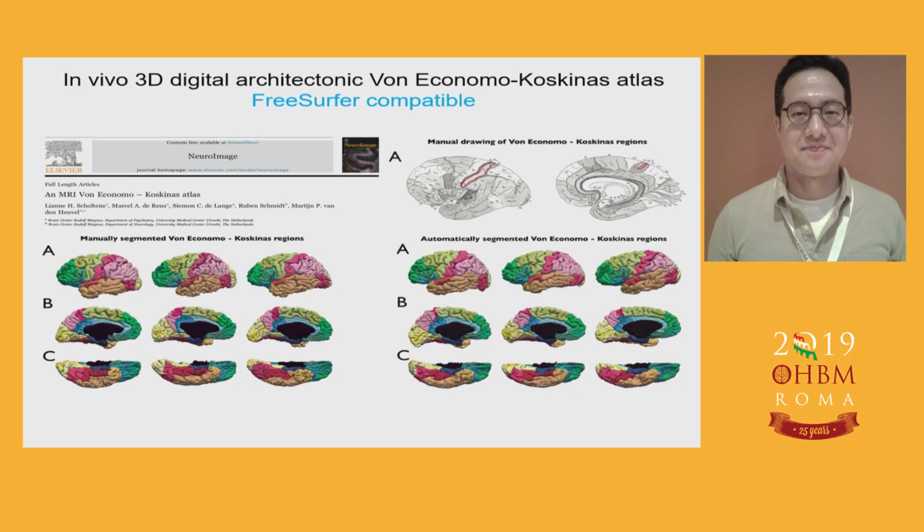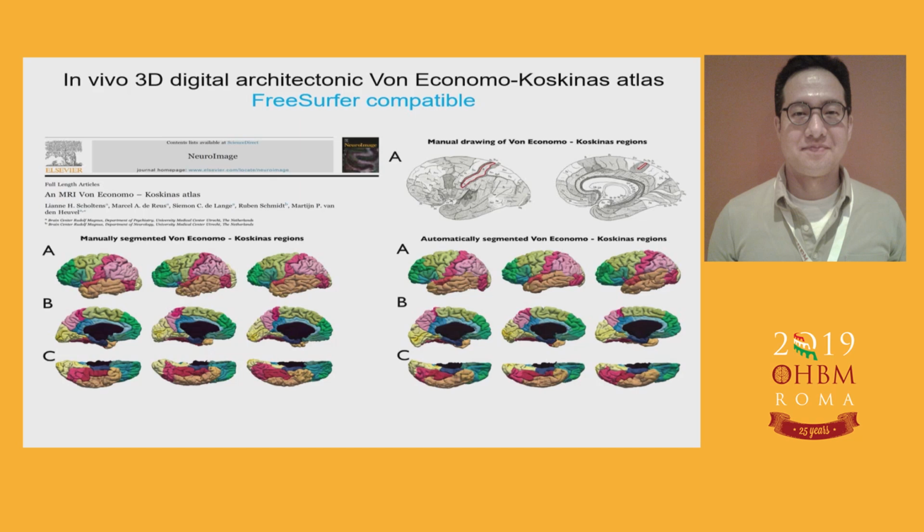More importantly, recent work done by Dr. Martijn van den Heuvel's group made this information even more accessible to the community, because they literally took all this cytoarchitecture boundary information from the book of von Economo and Koskinas, manually segmented it on the individual cortical surface, that is the FreeSurfer surface, and then fed this manual label into the FreeSurfer parcellation function to be able to automatically segment the von Economo and Koskinas regions.